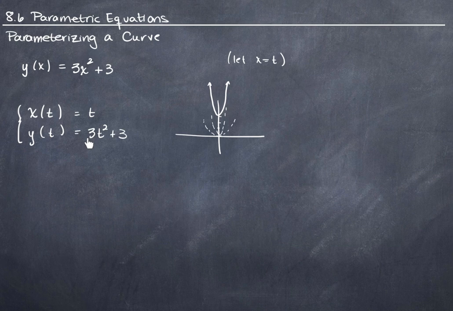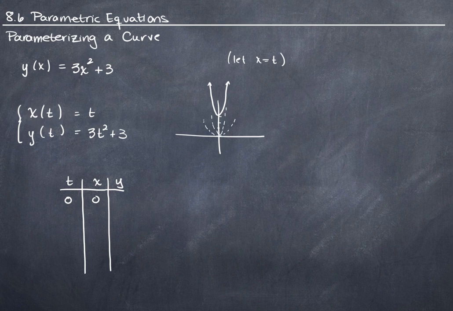This one, though, although it'll have the same shape when I'm done, we can go about this a very different way. Graph these. We're not going to spend a lot of time on that in this video. But if I know what t is, then I can determine what both x and y are. So let's go t equals 0. That means x is going to be 0, because at least in this case, t is just x, right?